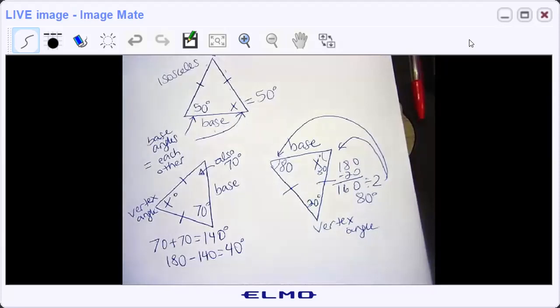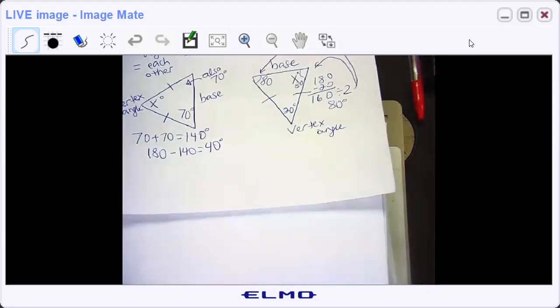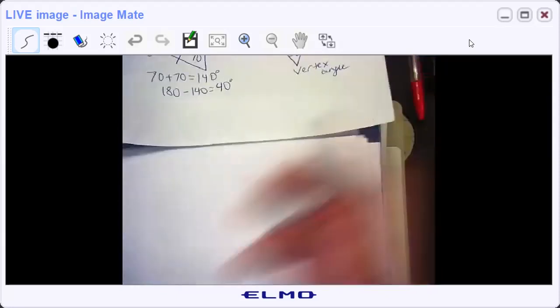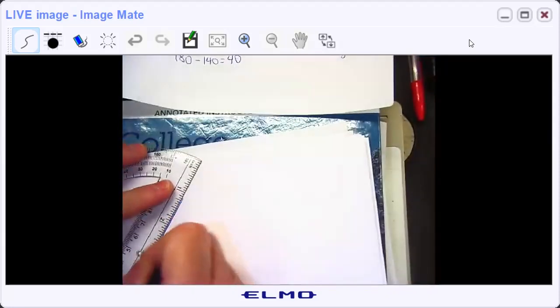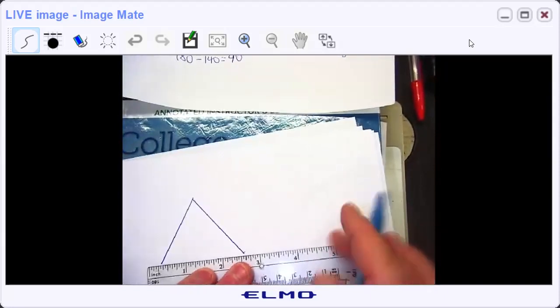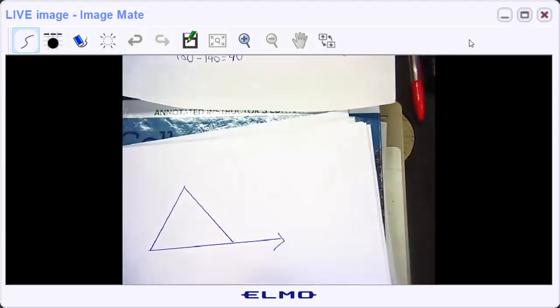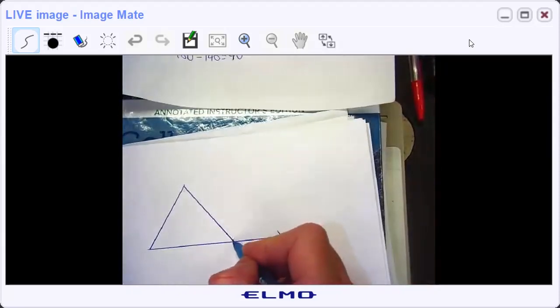Okay, another important thing when we talk about these triangles is they can actually draw you a triangle, and they can actually extend out one side or more sides of the triangle.